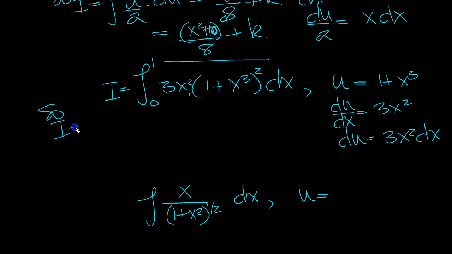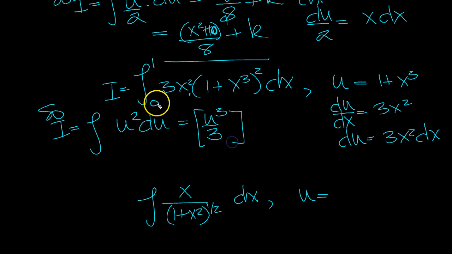So I equals then u squared is that part. This part can be replaced simply by du. So we end up with u cubed over 3. Now what values? When x is 0, u is 1, and when x is 1, u is 1 plus 1 cubed, which is 2.